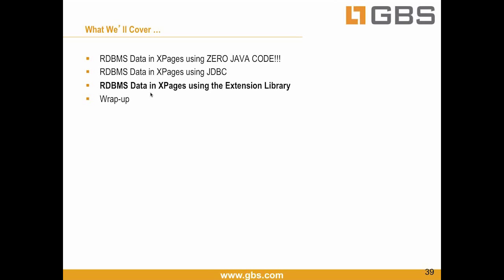You then have the option that is writing the actual JDBC code that allows you to connect to any relational database that there's a JDBC driver for. And finally, we're going to finish up with accessing data via the new relational database capabilities of the extension library.